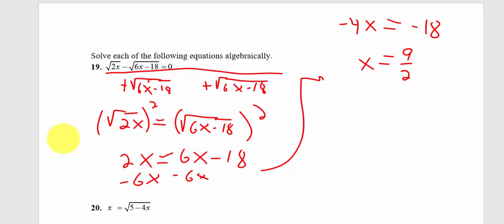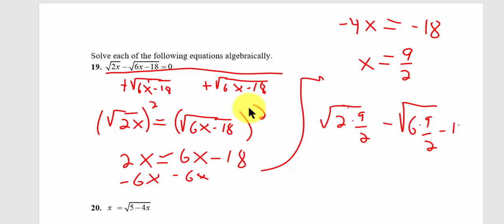So I guess we can check our work by placing 9 over 2 into the original equation and seeing if that works. Right, so I write the square root of 2 times 9 over 2 minus the square root of 6 times 9 over 2 minus 18 equals 0.